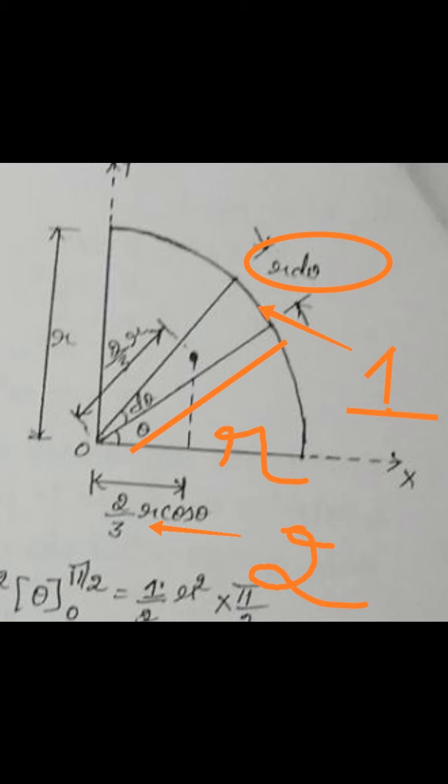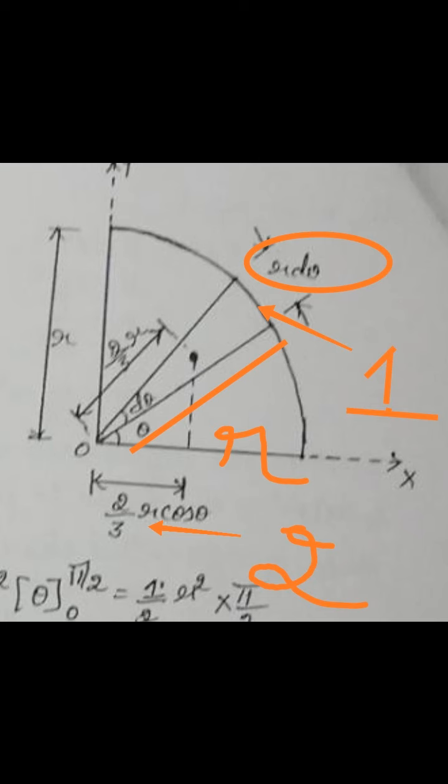Consider that strip as a right angle triangle. In that, the centroid will be at two-third of its distance. Two-third of the radius distance is two-third r, so for the x distance it will be two-third r cos theta. That is the minimal thing you have to do.